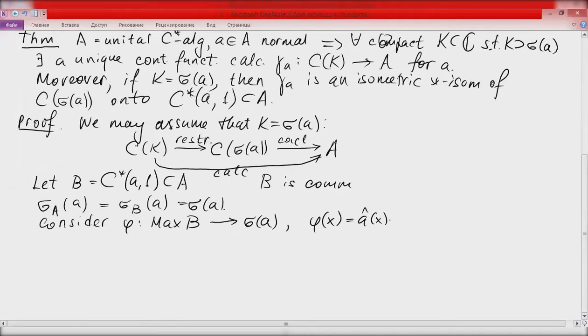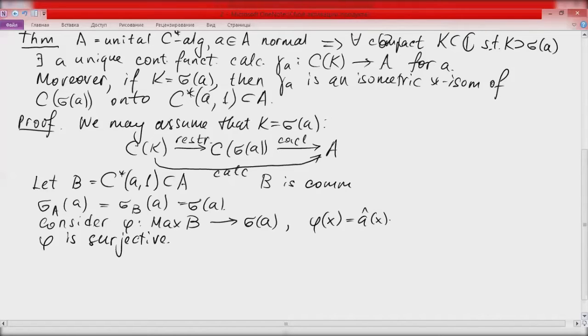Well, first of all, by the general properties of the Gelfand transform, phi is surjective. I claim that phi is actually a homeomorphism.